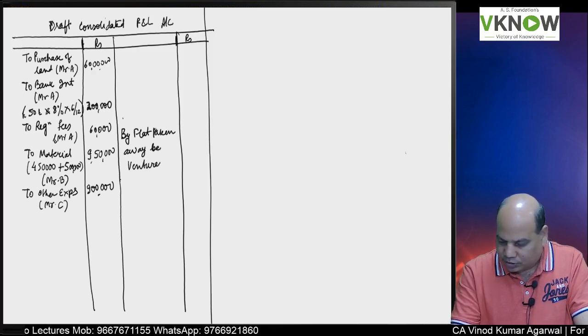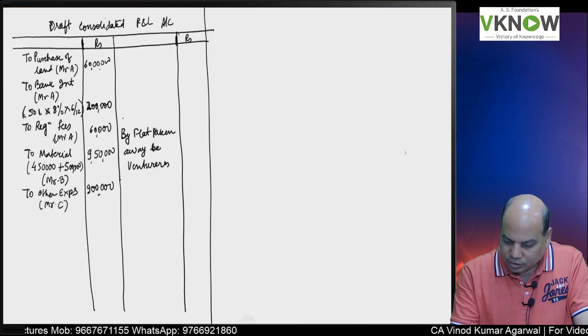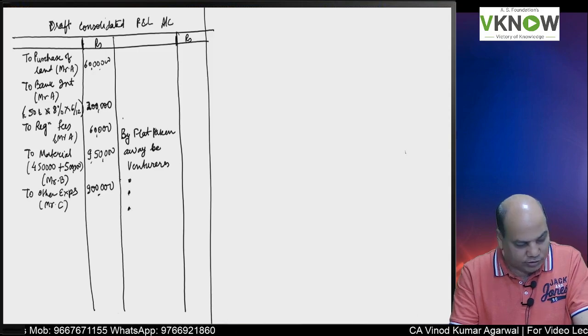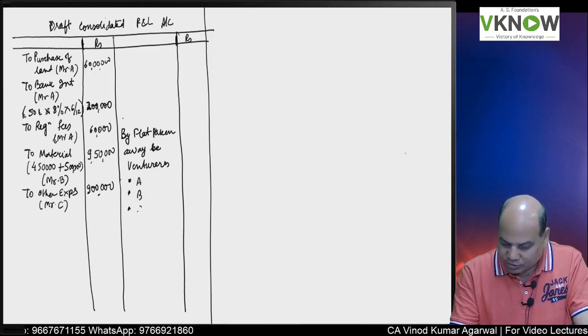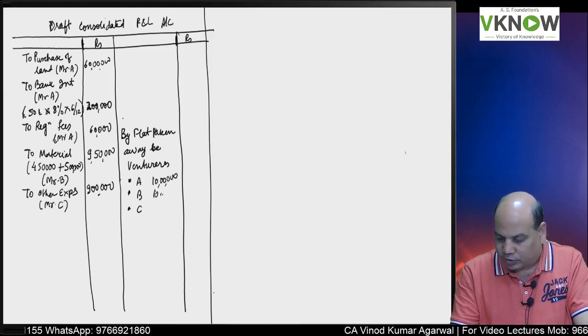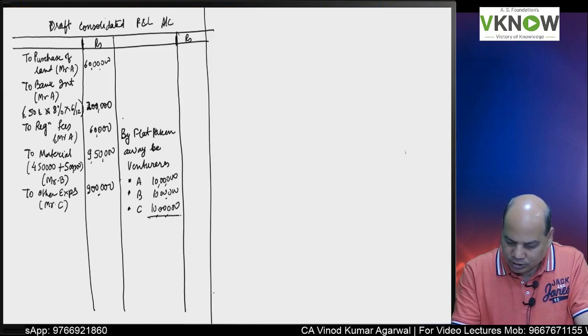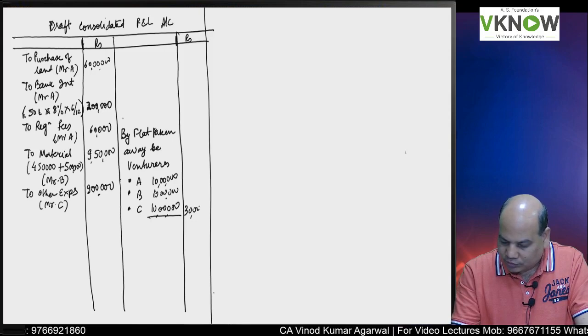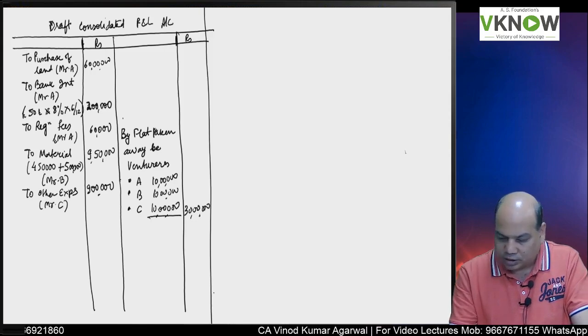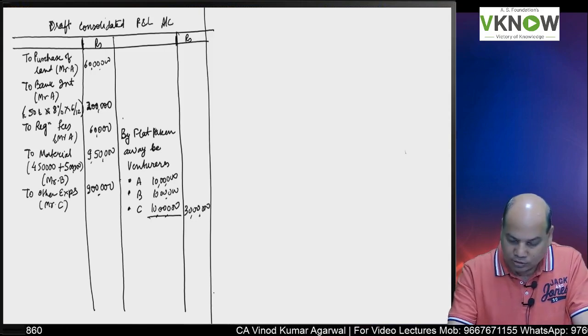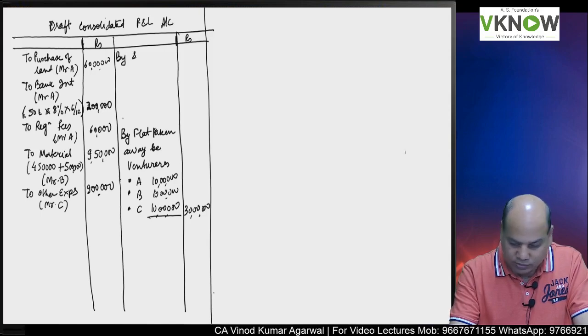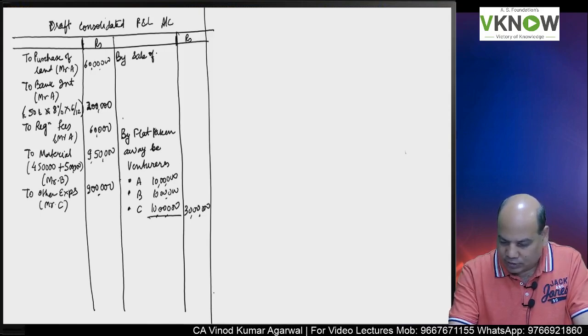Under that we have 3 venturers, A, B, C. Each of them took away one flat valued at rupees 10 lakh. So total is 30 lakh, and then there is a sale also, by sale of flats.